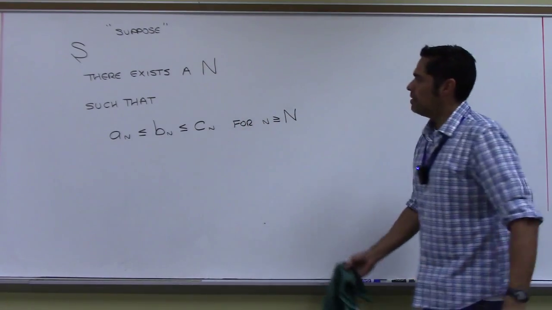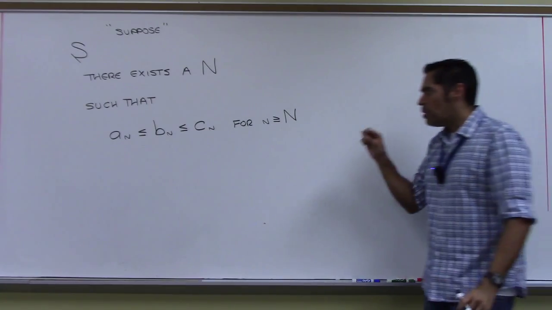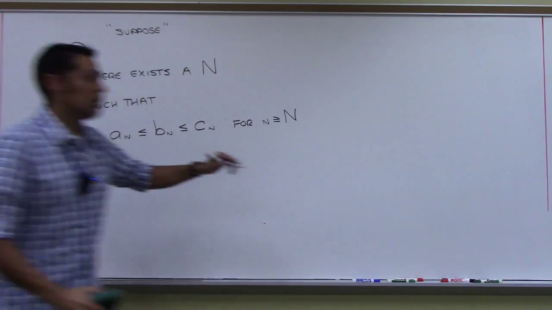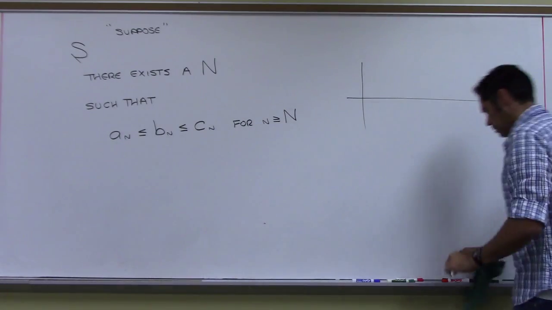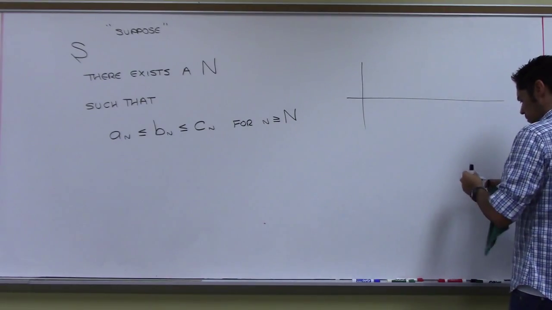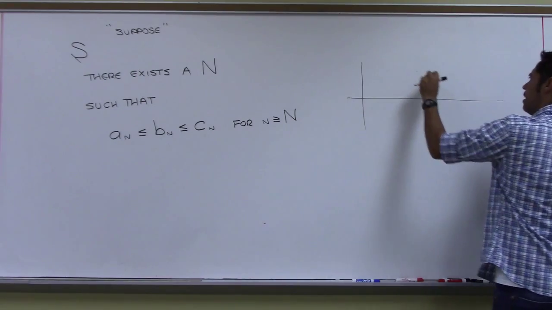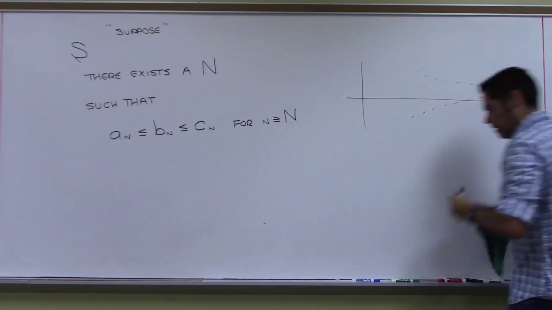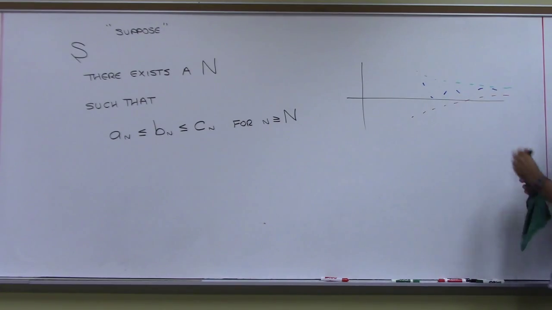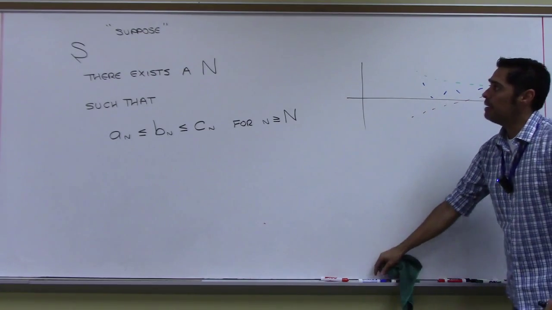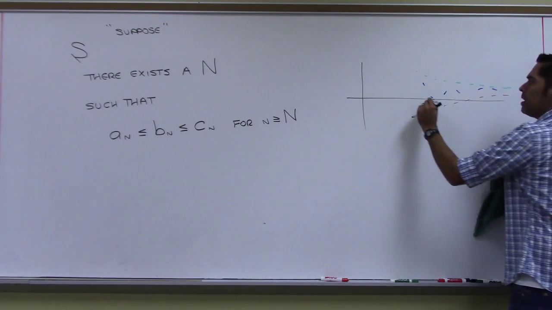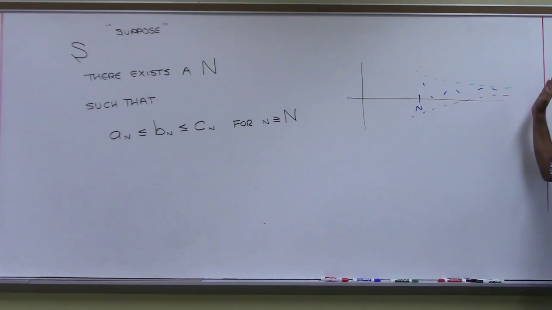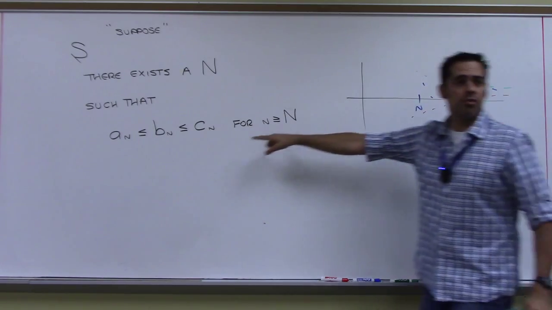I know my little n's and capital N's look the same, so I make my little n's small and my capital N's big, all right? So you remember on my picture, I had green ones going like this, and red ones going like this, and blue ones in here like this, right? What this is saying is that suppose you've got this thing where at some capital N, from that point on, this inequality is always true.